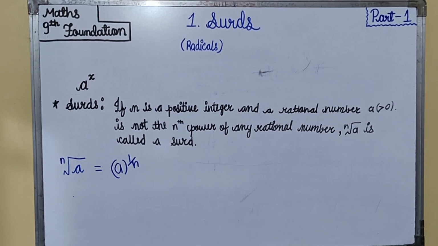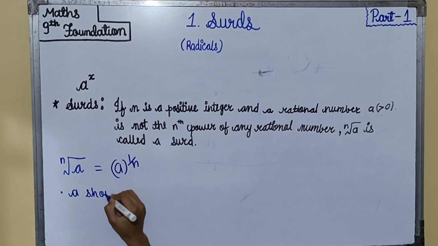There are some important aspects to be noted in the definition of surds, that are: let the surd be nth root of a. First point is that a should be a positive rational number.